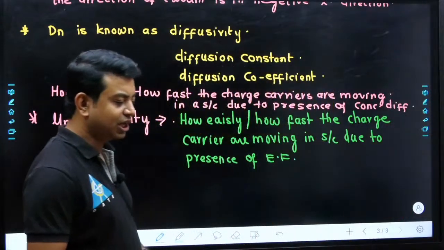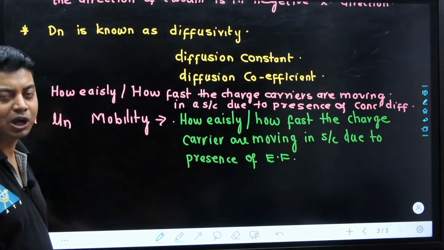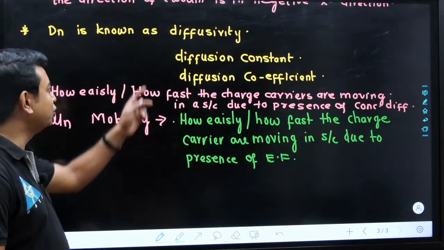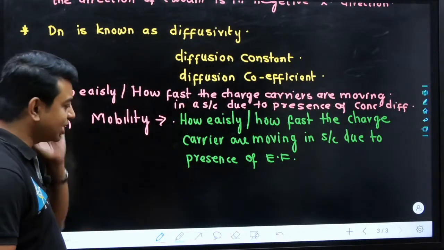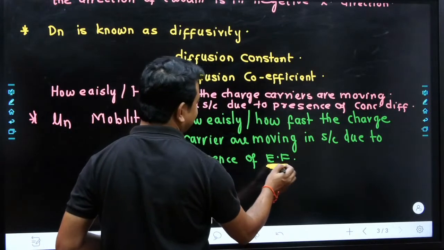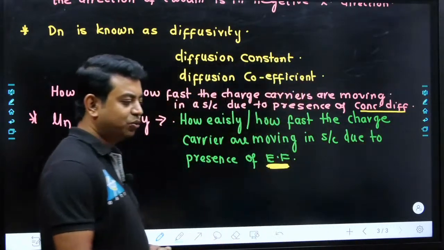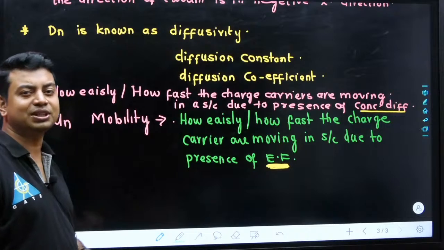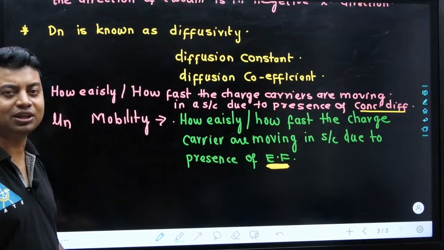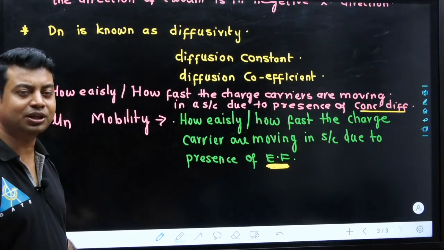So, if we have an electric field here, and a concentration difference there, then how fast the charge carriers move inside the semiconductor due to the concentration difference is represented by the diffusivity.